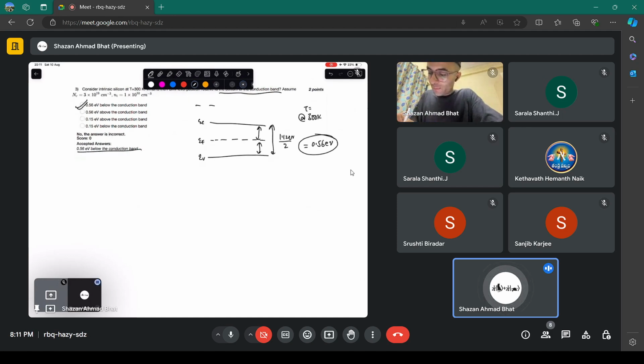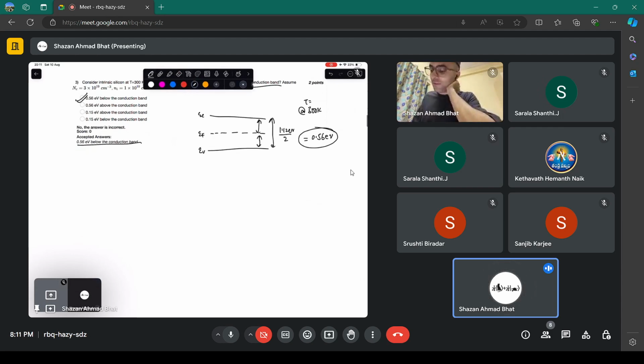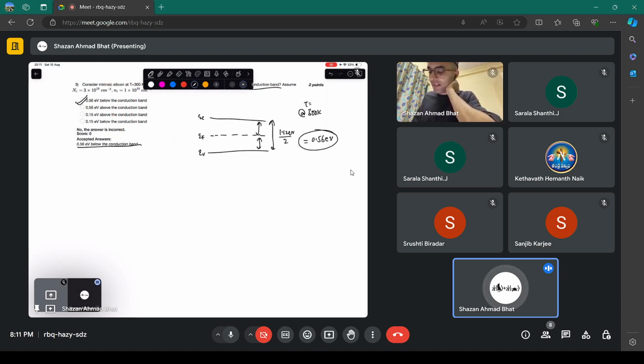If the Fermi level were above the conduction band, then it is a metal. It's not a semiconductor. That's a different story. For a metal, the Fermi level is in the conduction band itself, and there are a huge number of electrons present near the Fermi level. That's why metals are highly conductive in nature.